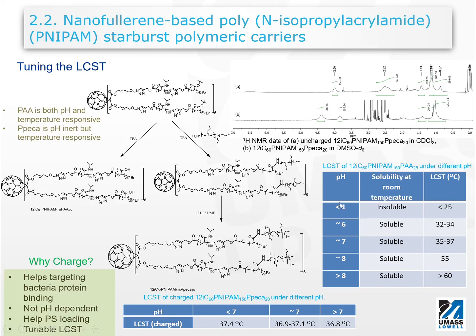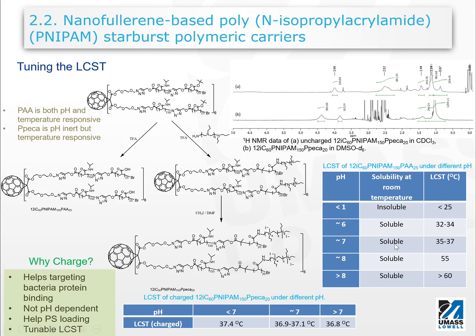So that means under different pH value, their LCST is different, because the interaction of the carboxylic acid with different environment under different pH value will result in different solubility.